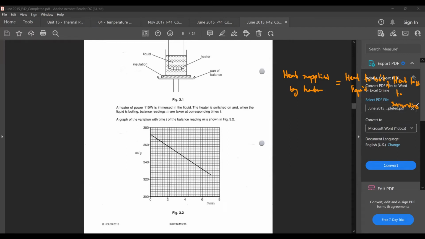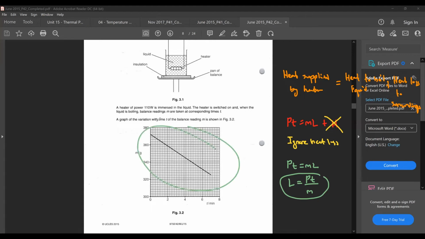This is by right supposed to be the actual energy equation. So if I try to write it out, this will be Pt = mL + H. So if you ignore heat loss, this one is not in anymore. You will actually get Pt = mL, where L is Pt divided by m. So you can actually make use of this to find out L from the graph.